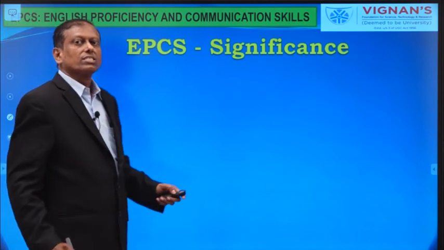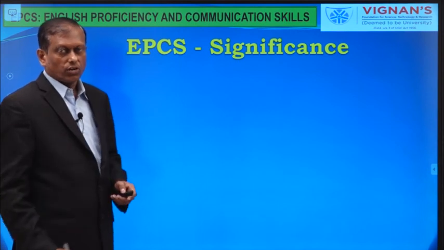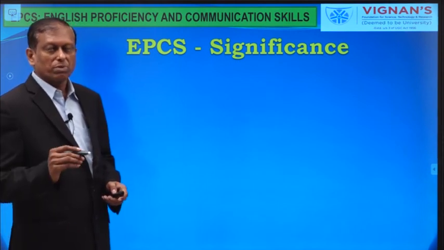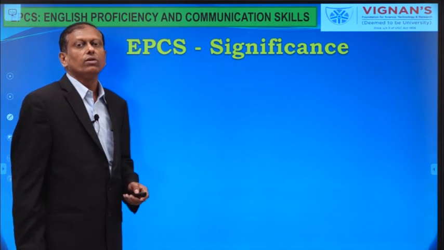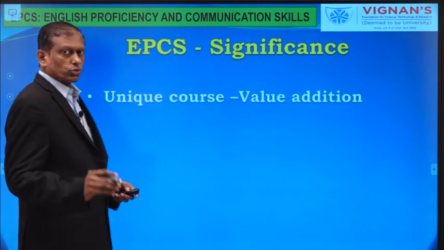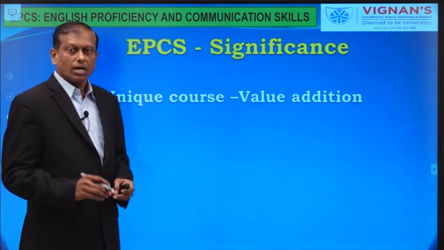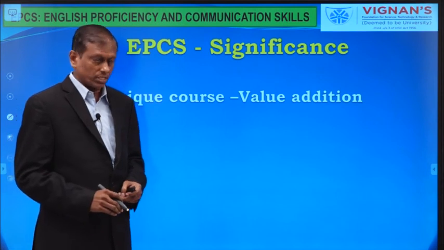Now, let us sum up what is the significance of this EPCS course that is specially designed for the students of Vignan's University. It is a unique course. You do not find this type of course in any of the engineering colleges or in any other deemed universities.